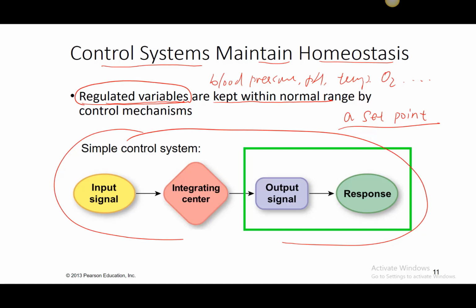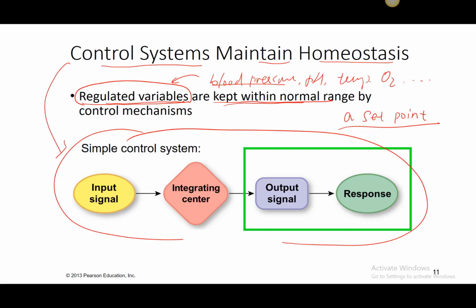These key functions are also called regulated variables. For example, blood pressure is a regulated variable. It has to be kept within a normal range by the controlling system.